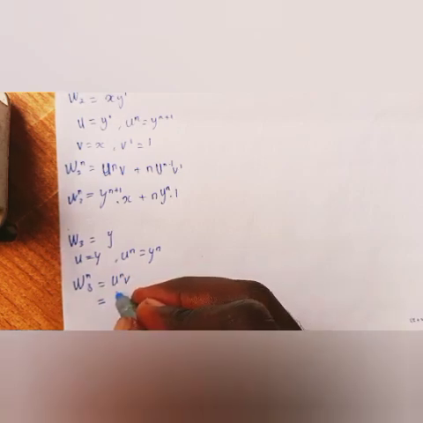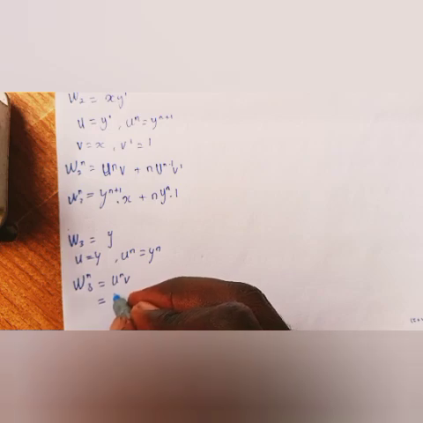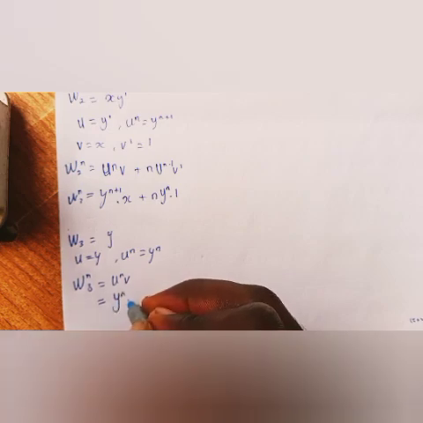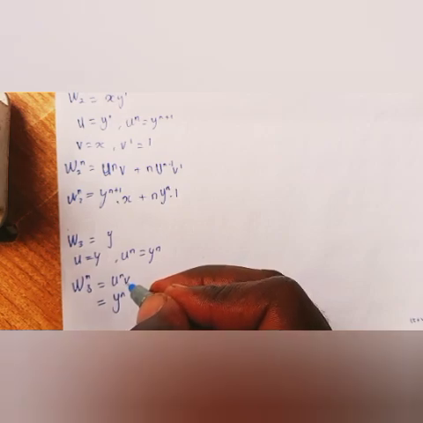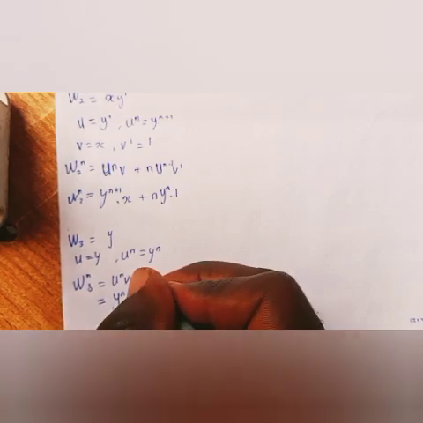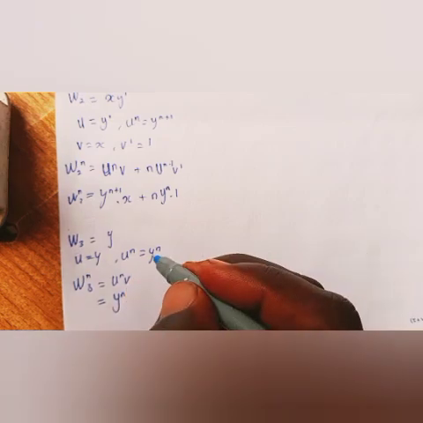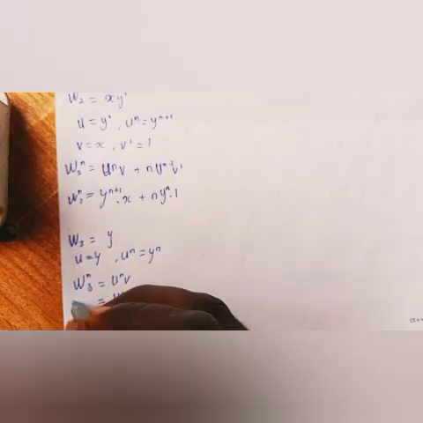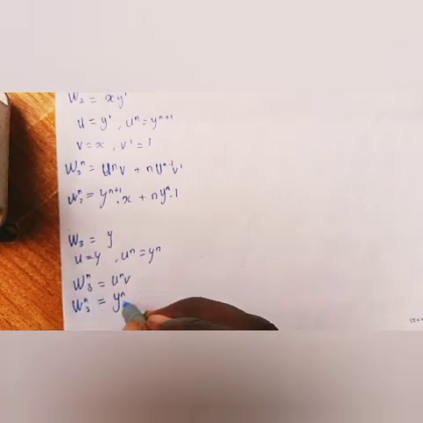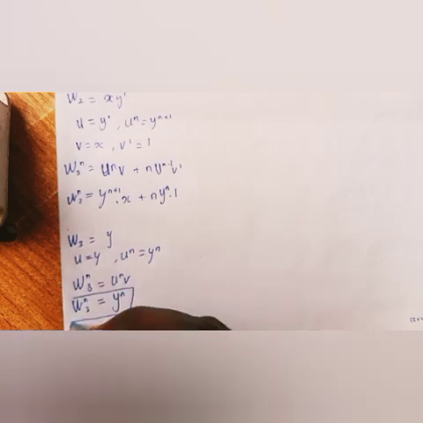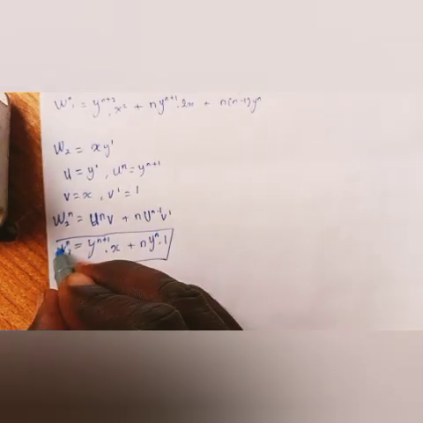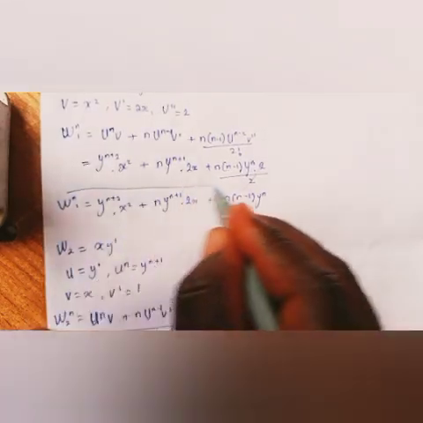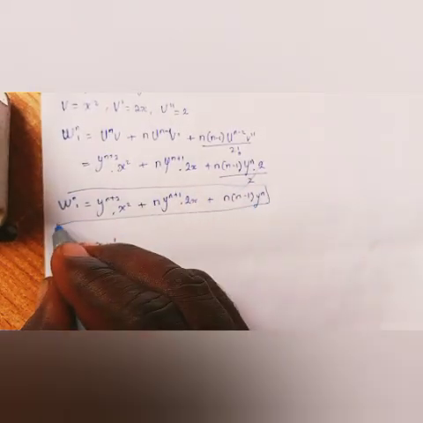So it will be just uⁿ that you're going to have here. In the first video we said v is raised to power 0, so in this case raised to power 0 is the same thing as 1. So our w^(n)3 here is this. This is what we have for the third one. For the second one, we have this. For the first one, we have this.